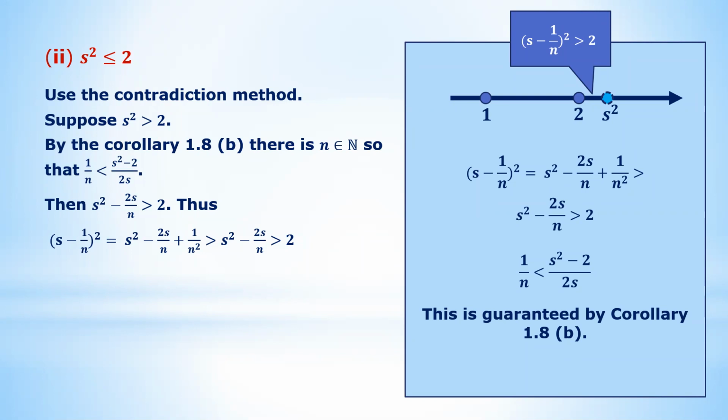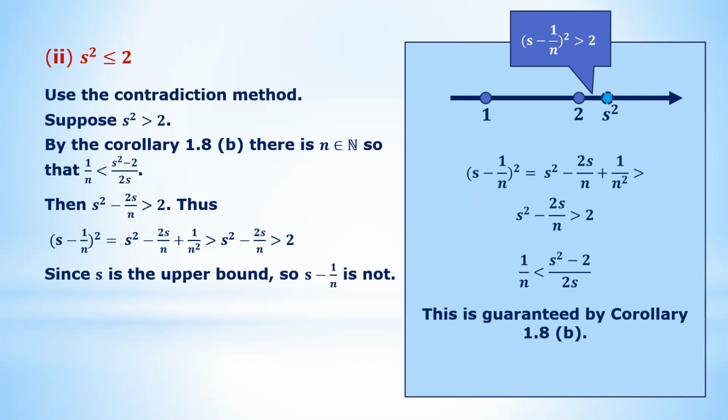Okay, you have to keep focusing on the assumption that s is the least upper bound. Since s is the least upper bound, any smaller number cannot be an upper bound. In particular, s minus 1 over n is not going to be an upper bound because s minus 1 over n is smaller than s. So the claim is that s minus 1 over n is not an upper bound.